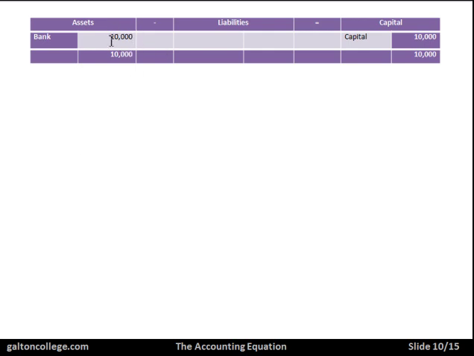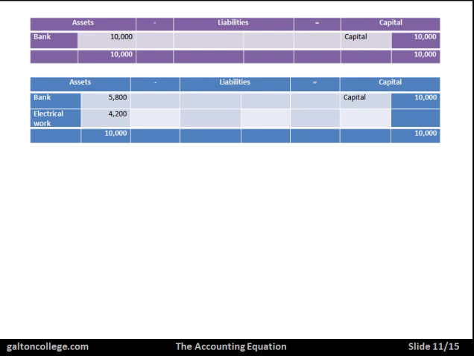Jim puts £10,000 into the bank, and the capital is £10,000. So the two sides balance. We've got £10,000 in assets and £10,000 in capital. That is straightforward. Now next, he got an electrician to do some work, and he paid £4,200.